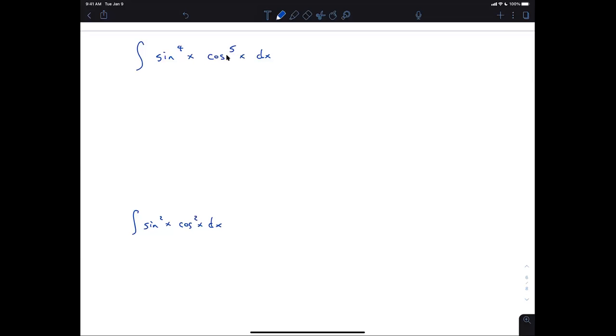If one of the powers is odd, you should let u equal the other one. So like this one, the power's odd, so you let u equal sine x. This is the easiest way to do it, but it's also probably the only effective way to do it in most cases. You do not want to use half angle formulas unless it starts as all even.